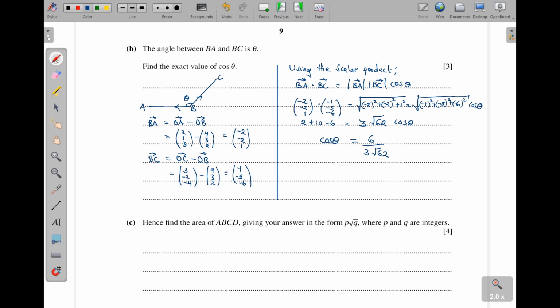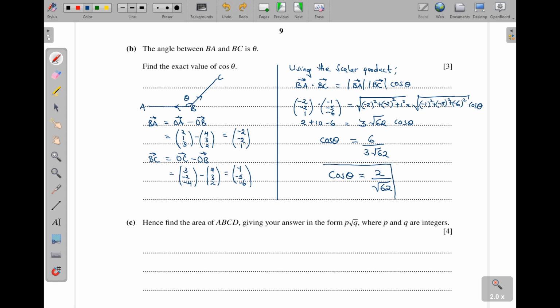Okay, and of course this one can go here 2 times, then I can simplify it as cosine of theta is equal to 2 over the square root of 62, or you can write 2 root of 62 over 62, because you can multiply root of 62 here and also here. Okay, and then you can also simplify this, and then you put a 31 down here. So all of those are possible answers, but I'm going to leave mine just like that.